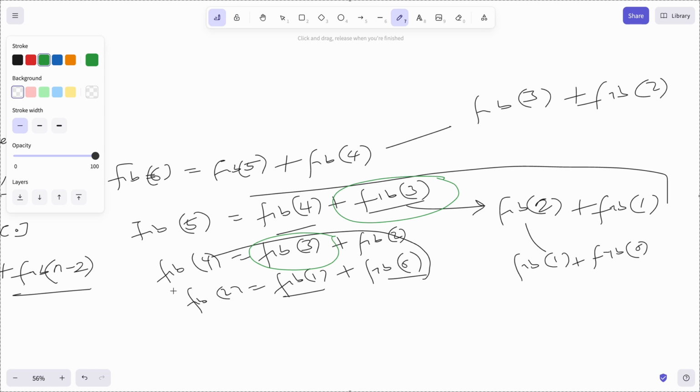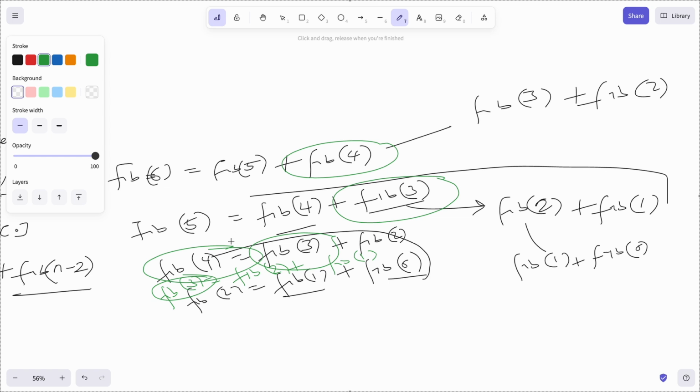Actually, I skipped that here, so it should have been fib of 3 here, which would have been fib of 2 plus fib of 1. That way we'll have solved for fib of 3 here. Do we see? On the other part, trying to solve for fib of 4, you see that this one has already been solved here previously.